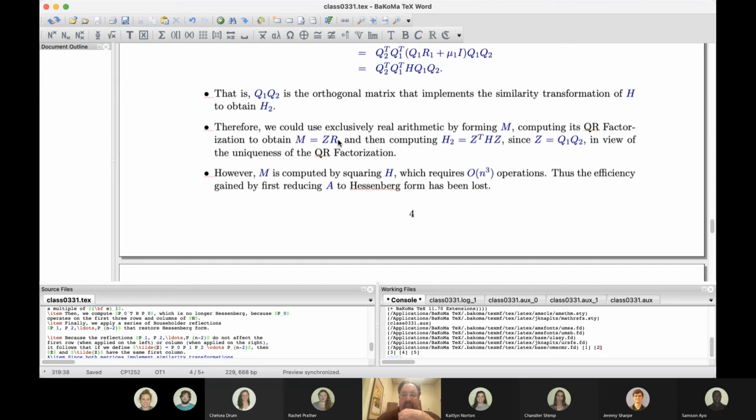In other words, at least if you're looking at the matrix that upper triangularizes M, Z and Z tilde have the same first column.